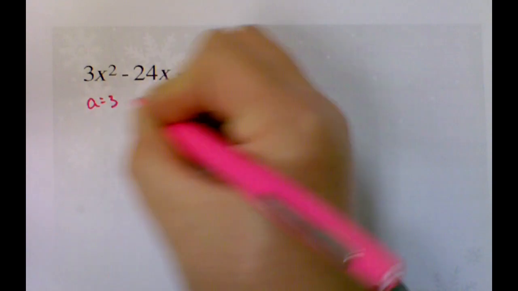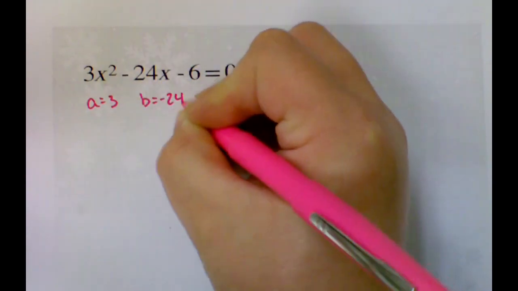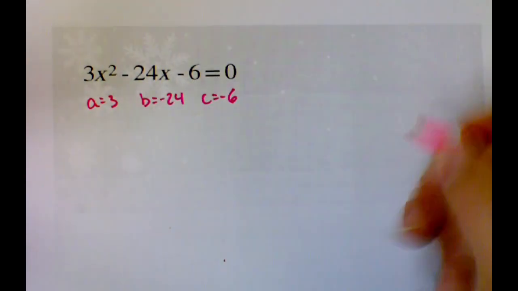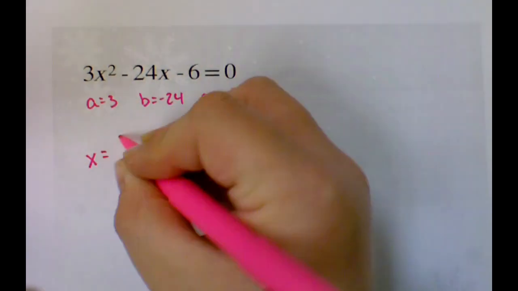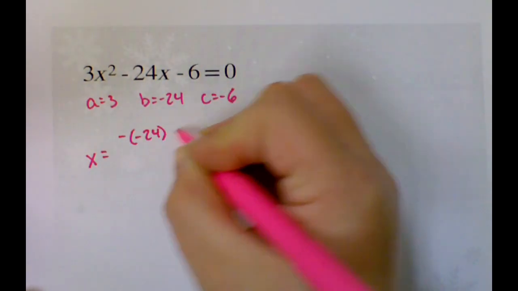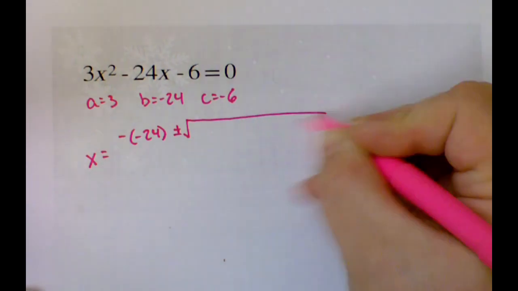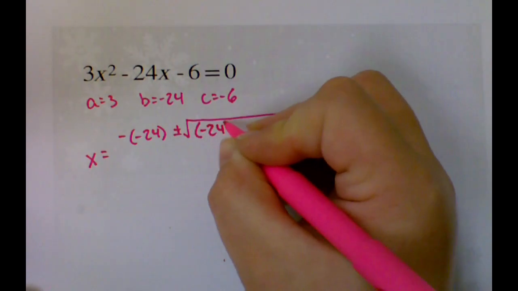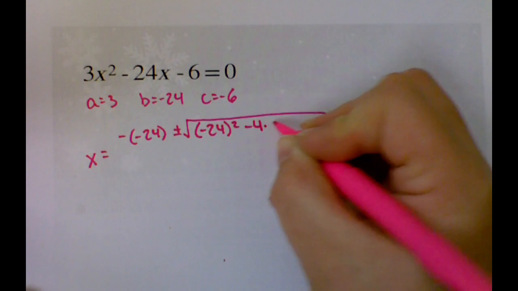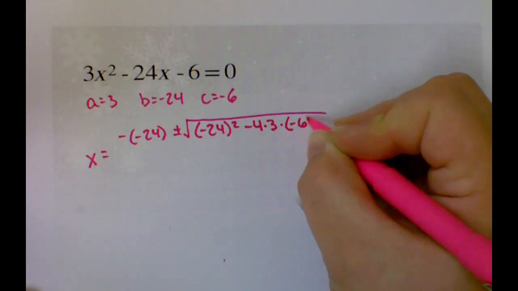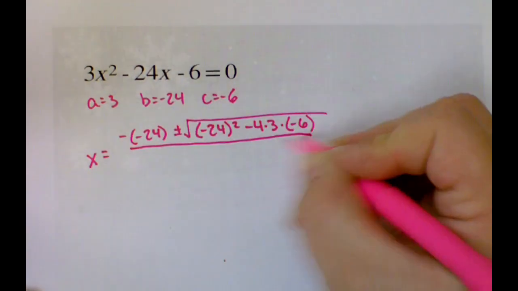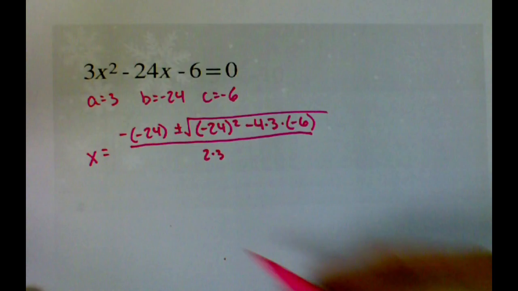All right, this next one is already equal to 0, so I just dive right in. My A value is 3, B is negative 24, and C is negative 6. So now I dive in: negative 24 plus or minus the square root of negative 24 squared minus 4 times 3 times negative 6, all over 2 times 3.